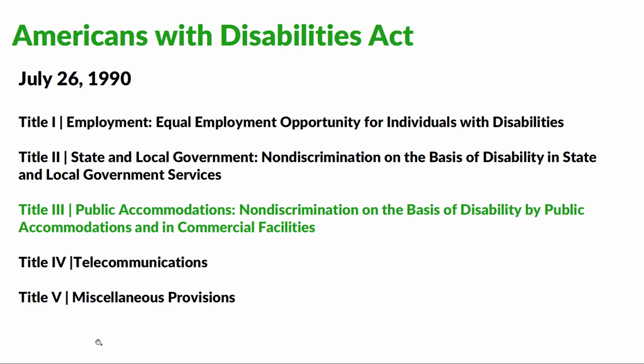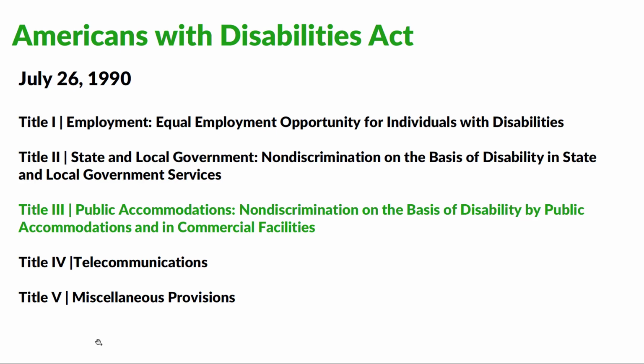Title 2, state and local government, so non-discrimination on the basis of disability in state and local government services. Title 3, public accommodations, non-discrimination on the basis of disability by public accommodations and in commercial facilities. Title 4, telecommunications, and Title 5, miscellaneous provisions.